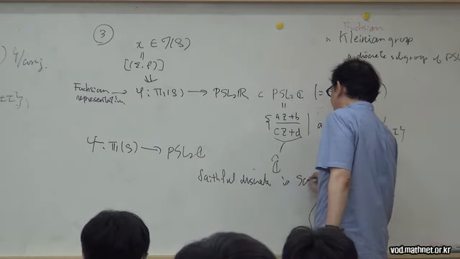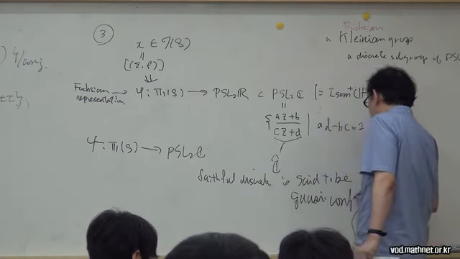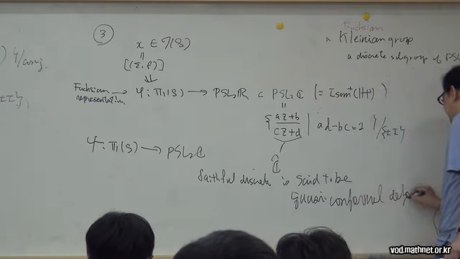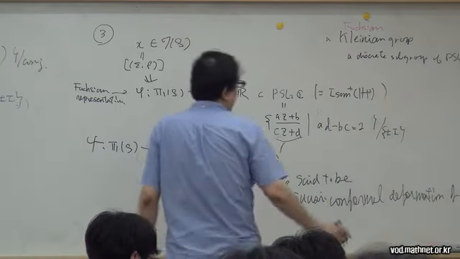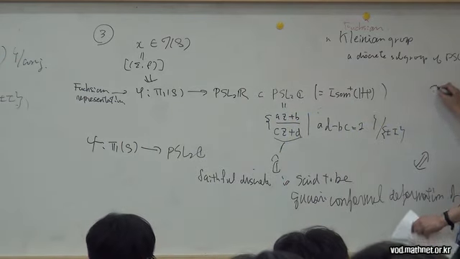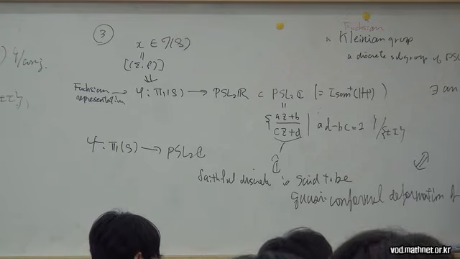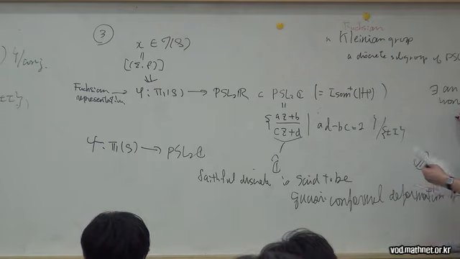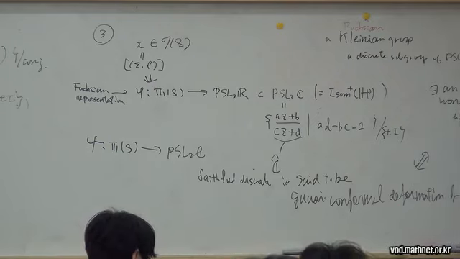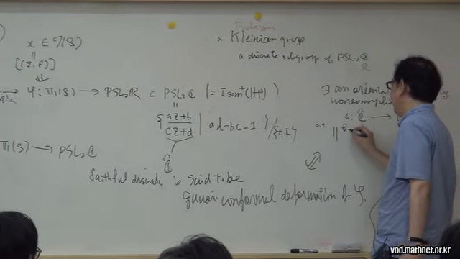It is said to be a quasi-conformal deformation of phi if and only if there exists an orientation preserving homeomorphism H from the Riemann sphere to the Riemann sphere such that H is a quasi-conformal map.